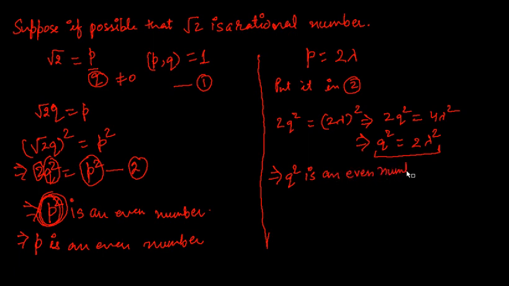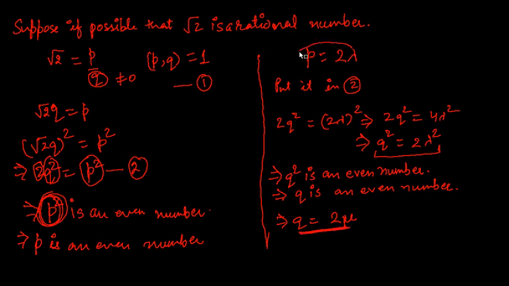By similar arguments as earlier, q is an even number. So q is equal to 2 into some other integer, say mu. Now you have p is equal to 2 into something, and q is equal to 2 into something.